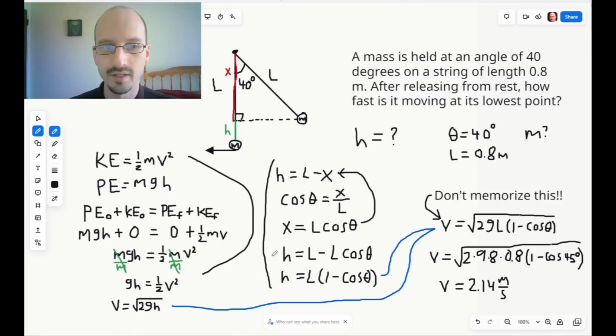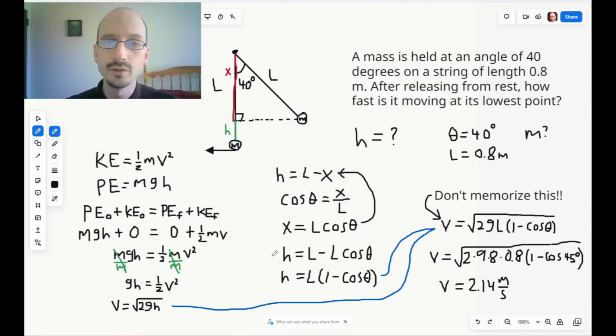The important part is the geometry, the conservation of energy, and applying that to the problem. If you do that, you will be able to solve dozens of conservation of energy problems. Not just a mass on a string, not just a box sliding down a slope, but many different types of problems that you have never seen before.